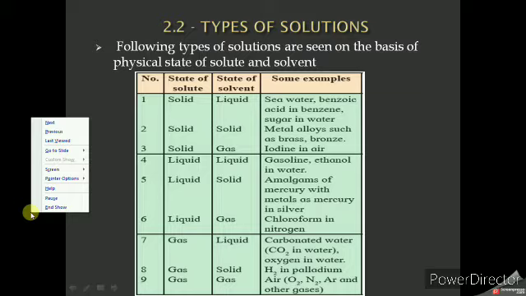First, when your solute is in solid state and solvent in liquid state. Just now we discussed one example, when we prepare a solution of sugar in water. Here sugar is in solid state and water in liquid state. So it is the first type, that is solid-liquid solution.